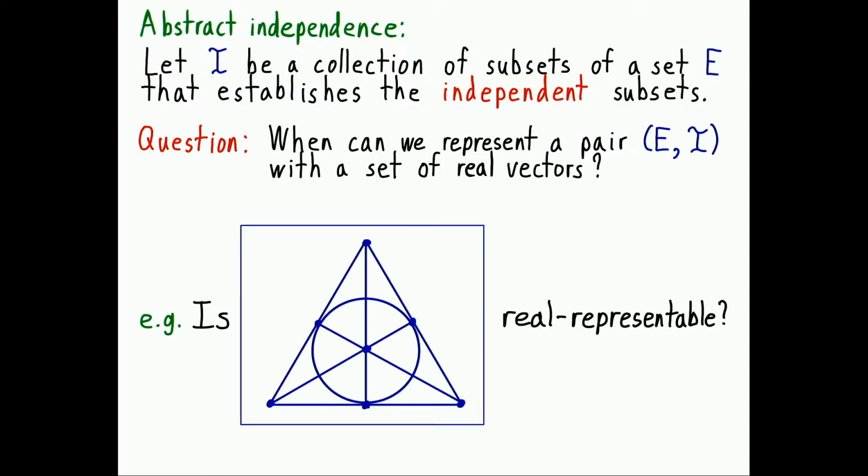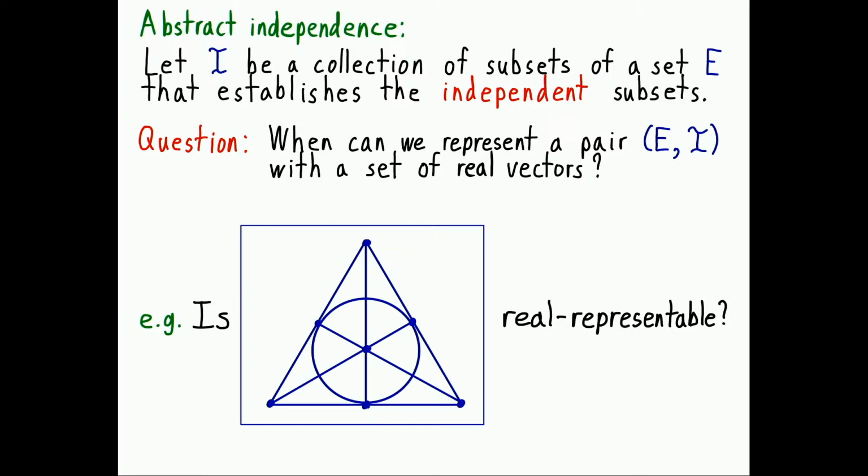For example, if I give you some drawing, can you have vectors where this is the appropriate linear independence relation? If we have three points on the same common line, they're not linearly independent.